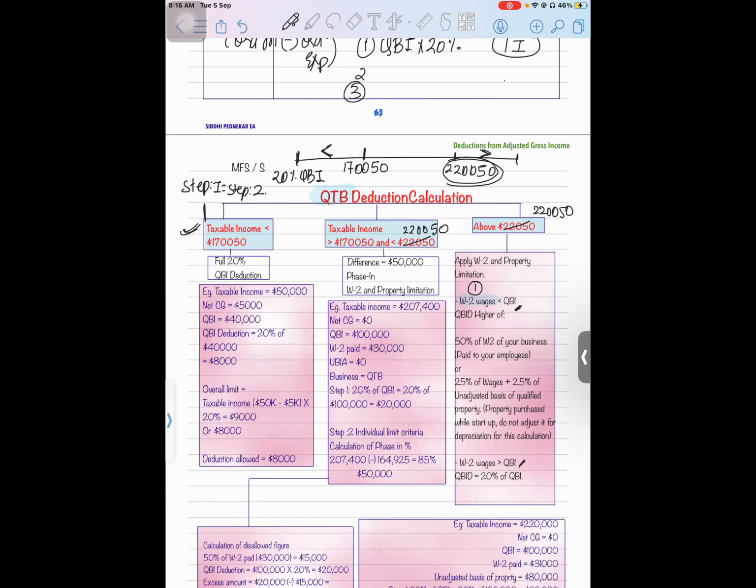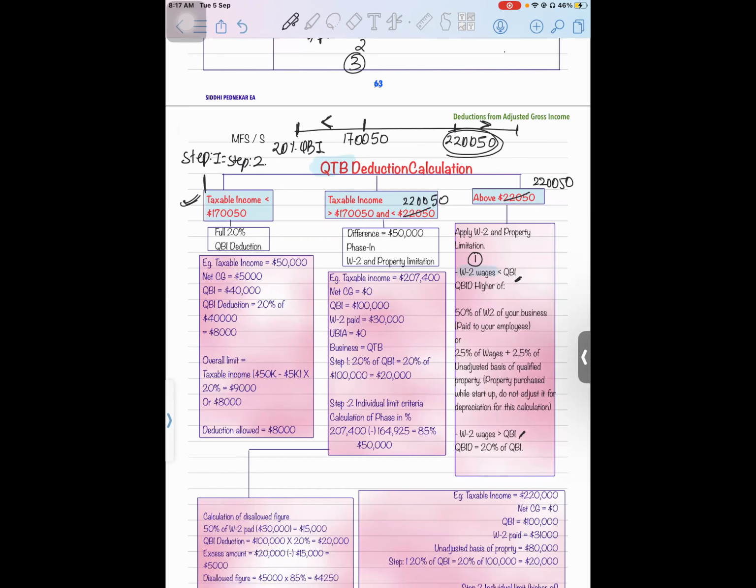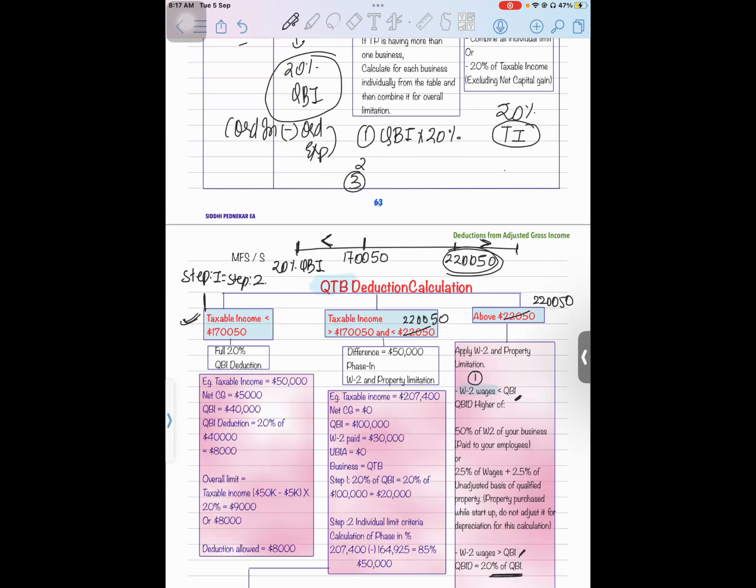Is the wage amount you are giving to your employees less than your QBI or more than your QBI? If it is more than your QBI, then simple, your third step will be 20% of QBI. In the third step, we'll have two options: QBI into 20% if your W2 is more than your QBI, the qualified business income.